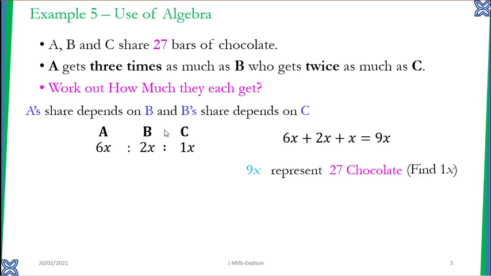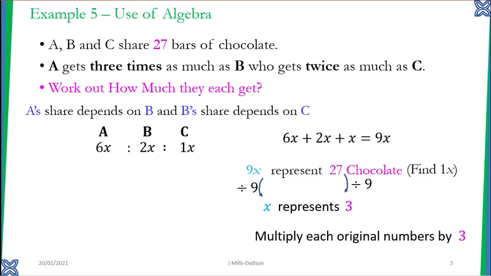So if 9x represents 27, we can work out 1x by dividing by 9, because if you divide 9x by 9, you have 1x. And do the same to the other side. 27 divided by 9, that will give us 3 bars of chocolate. So which means that 1x represents 3 bars of chocolate. Every x represents 3 bars of chocolate.